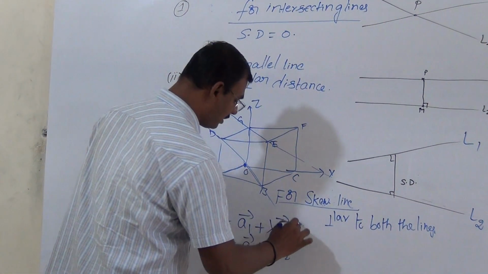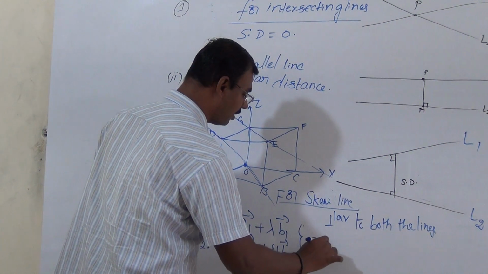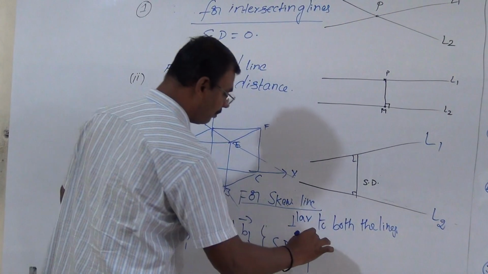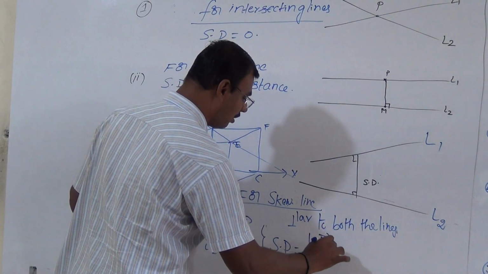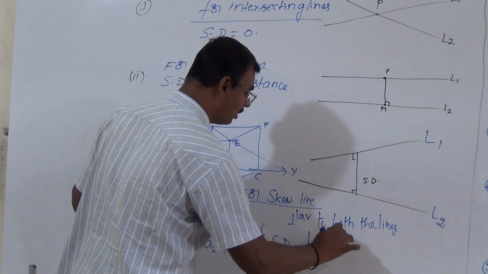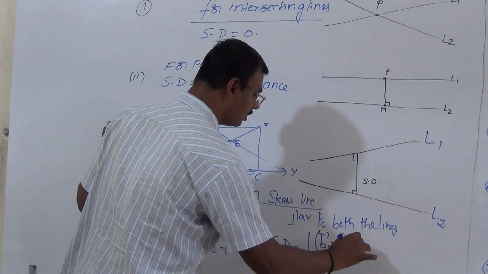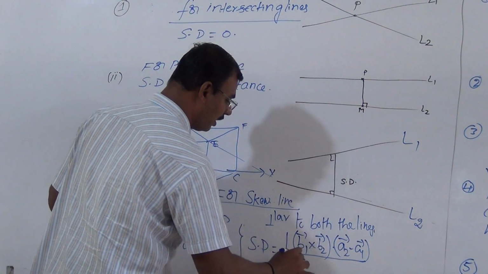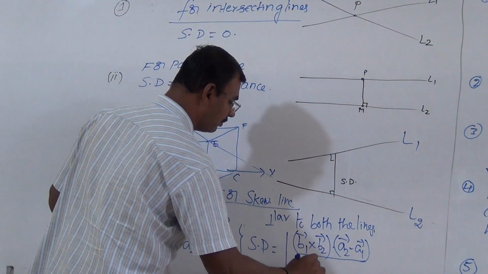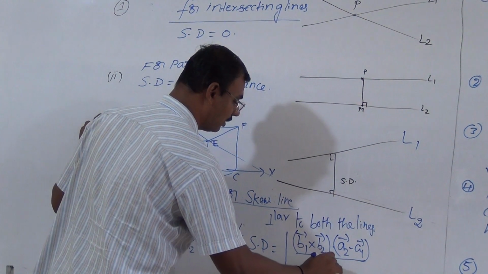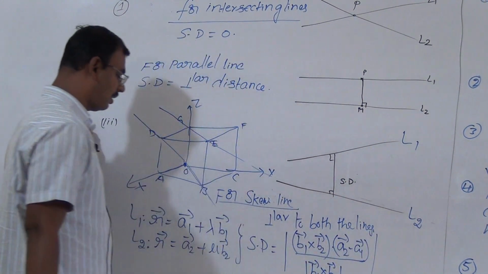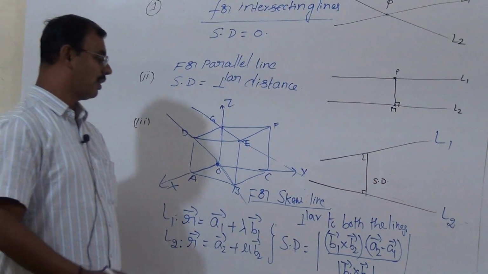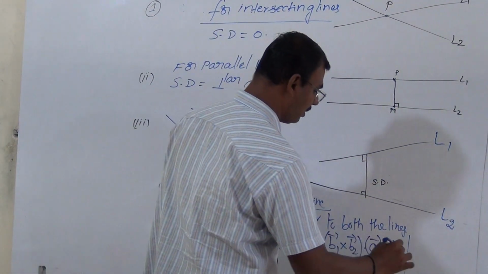So the shortest distance for these lines, remember the formula: magnitude of B1 bar cross B2 bar dot A2 bar minus A1 bar, divided by magnitude of B1 bar cross B2 bar. This is the shortest distance formula for skew lines. What is B1 bar cross B2 bar?